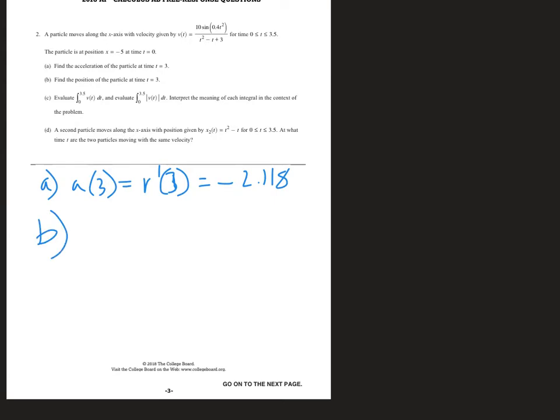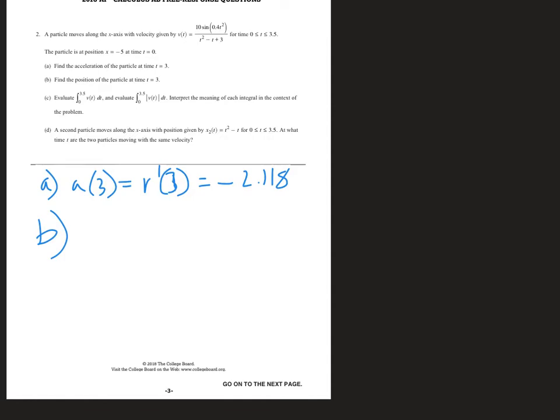Part B, find the position of the particle at time t equals 3. Well, given velocity, to find the position, we have to take an antiderivative, because since velocity is the derivative of position, we got to go backwards now. But we also have to make sure we consider the initial condition.